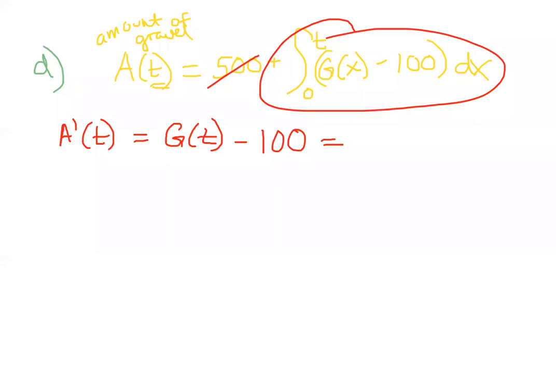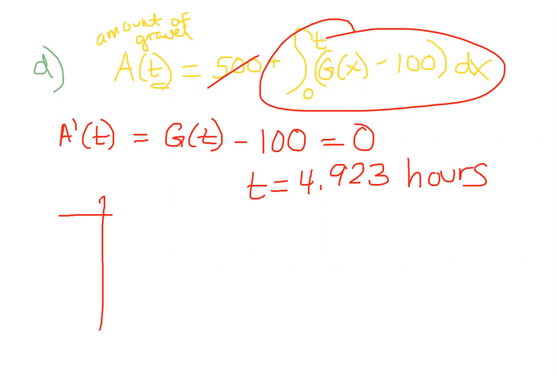We're going to set this equal to 0, and we're going to get a t of 4.923 hours. Now, remember, when you're finding an absolute maximum, they're not just wanting a relative max between 0 and 8. We also have to check the 0 and the 8.